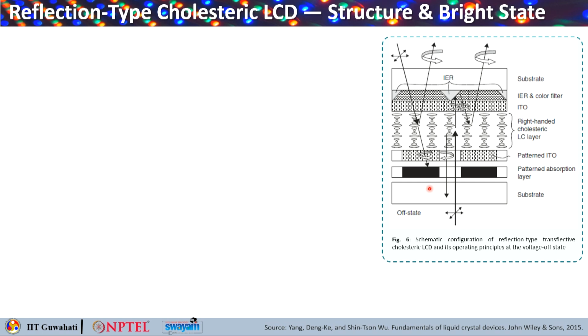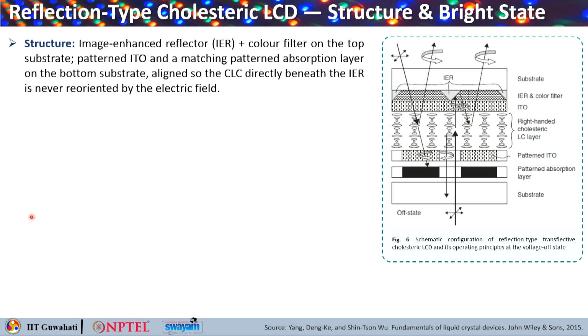Here you can see the schematic configuration of the reflection type transreflective cholesteric LCD and the operating principle at the voltage off state, how it works.